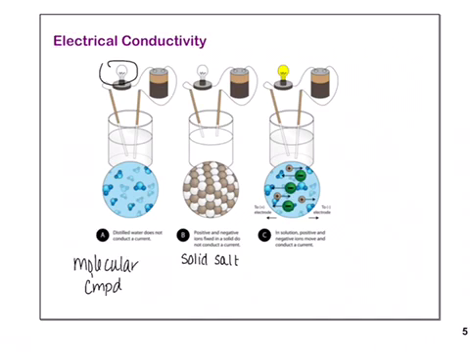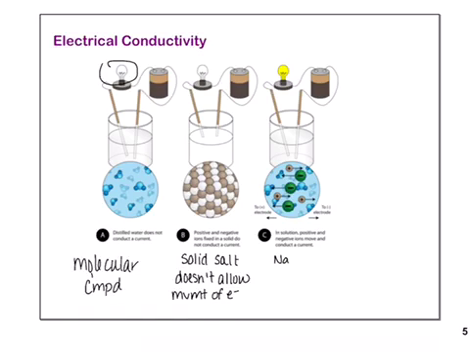It doesn't allow the movement of electrons. And that movement of electrons is what carries electricity. So here in a solution, the positive and negative ions move and it can conduct a current.